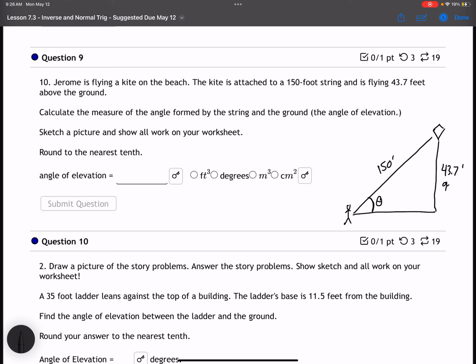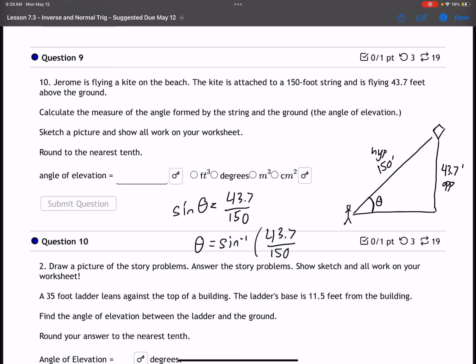This is an opposite. This is a hypotenuse. So we do sine theta equals 43.7 over 150. Take the inverse sine of both sides, and that will give us our answer in degrees.